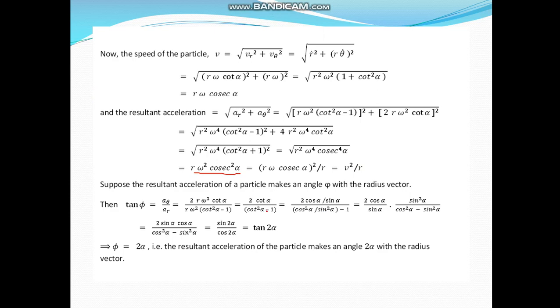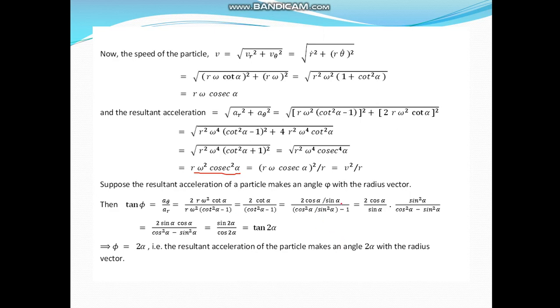Suppose the resultant acceleration of a particle makes an angle phi with the radius vector. So tan phi is given by a_theta by a_r. We have to put the values of a_theta and a_r. Here r will get cancelled, here omega square cancels. So it is twice cot alpha upon cot square alpha minus 1.